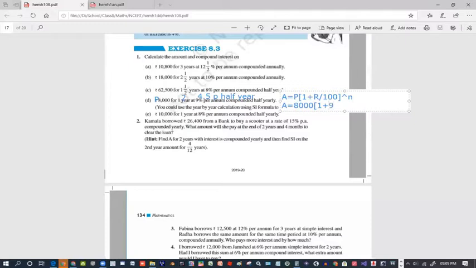I am making it a fraction to make it easy, 9 by 200, or 4.5 by 100. Anyway you can solve, you will get the same answer. Then to the power 2, because in 1 year there are 2 half years.